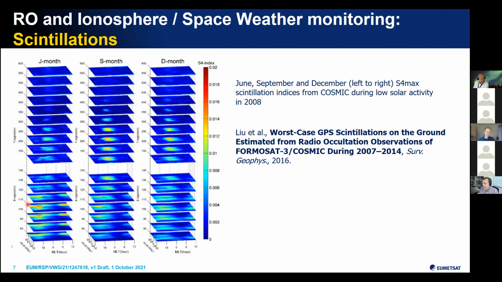In particular, around 100 kilometers in the E region, the situation is much more affected, due to this very narrow patch of strong electron density.